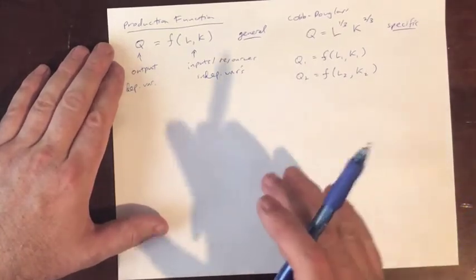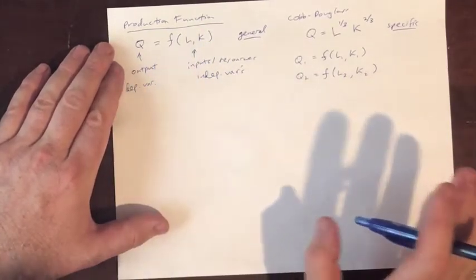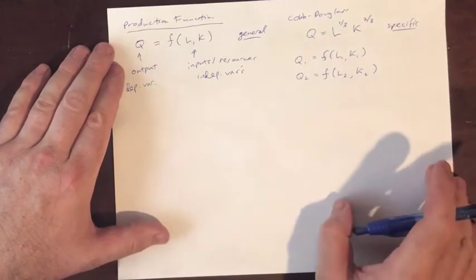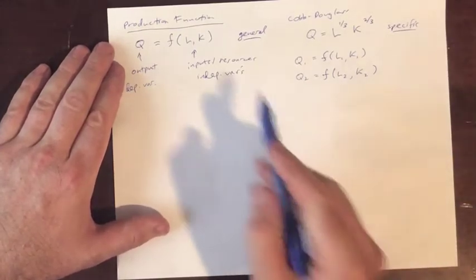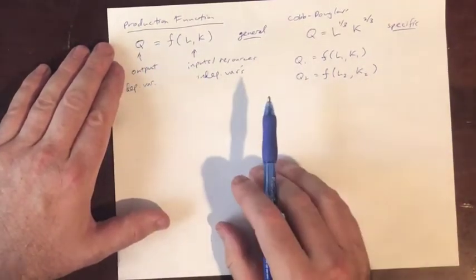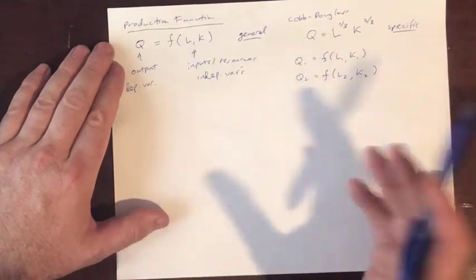Okay, so we've defined our terms now: our independent variables, labor and capital, L and K, and then the production function, which represents the relationship between them.